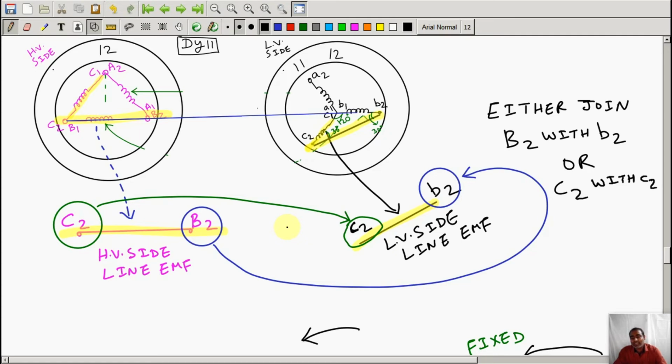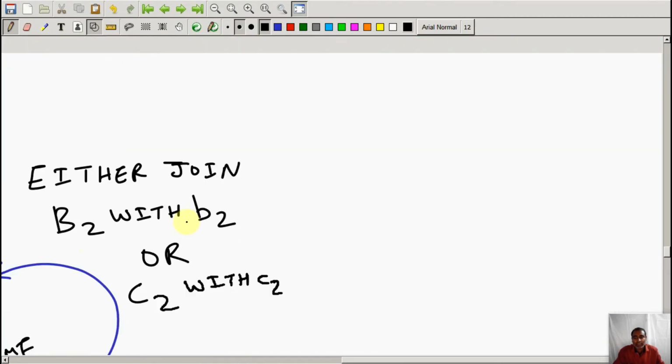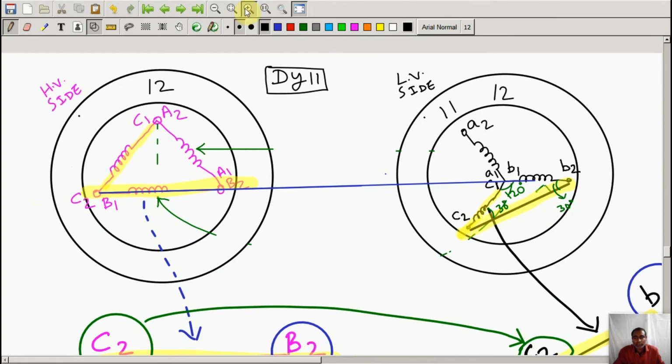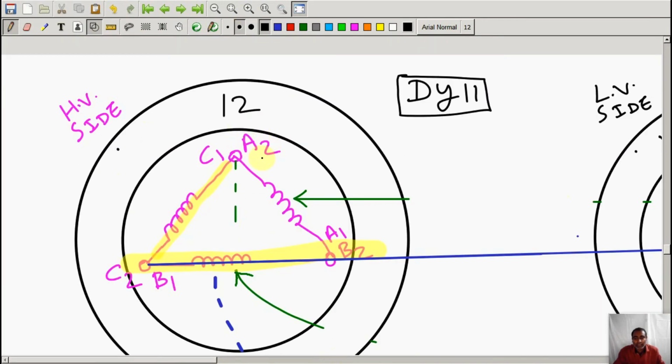Now as far as the delta connection is concerned, you can see what happens in delta connection. The start of one is connected with the finish of the other. Let me show it in a better way by zooming. You see capital A2 is connected with C1.